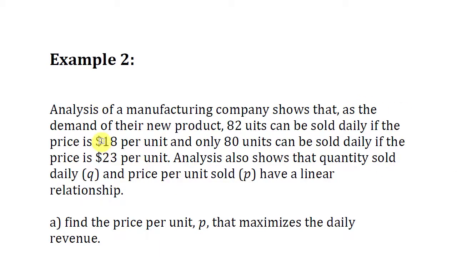So, analysis of a manufacturing company shows that as the demand of their new product, 82 units can be sold daily if the price is set at $18 per unit, and only 80 units can be sold daily if the price is $23 per unit. Analysis also shows that quantity sold daily Q and price per unit sold P have a linear relationship.